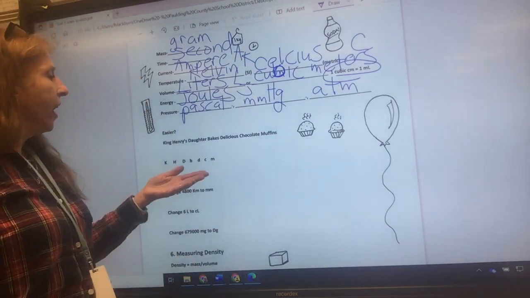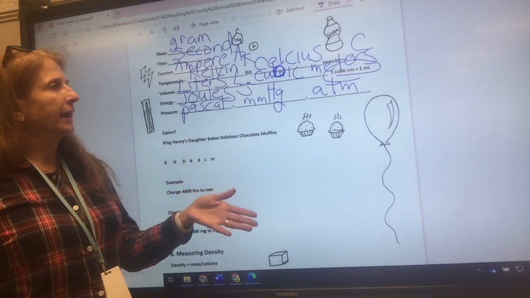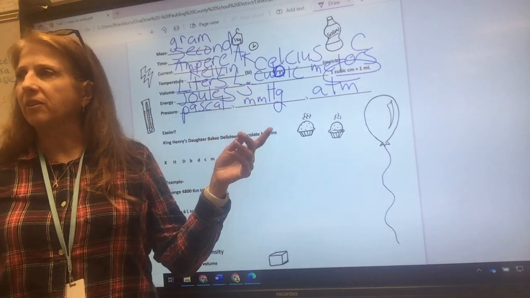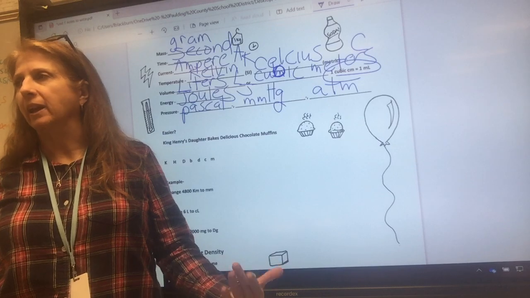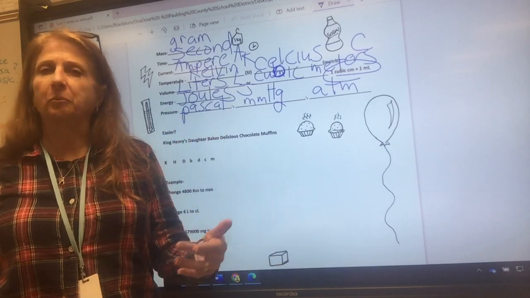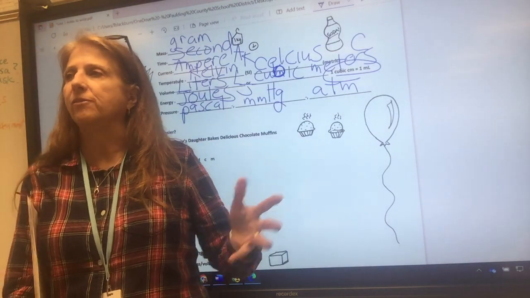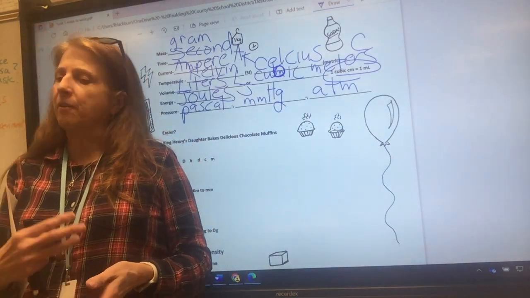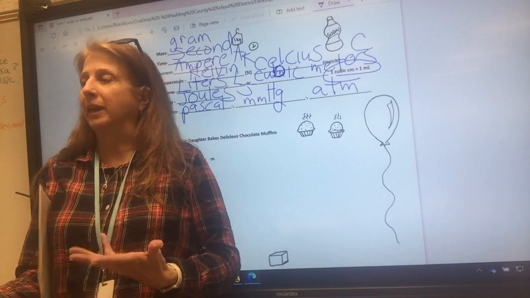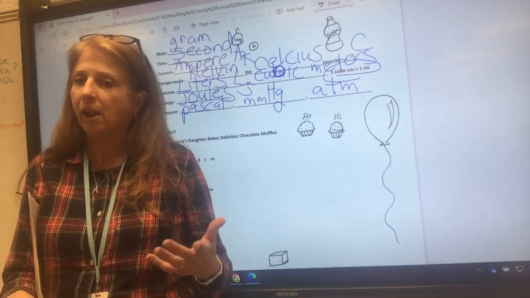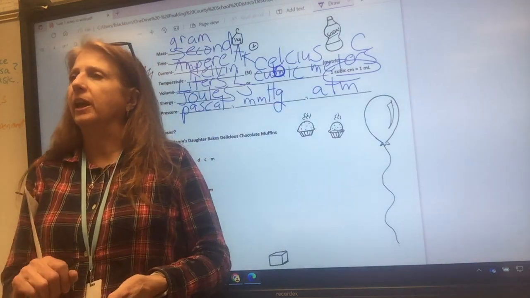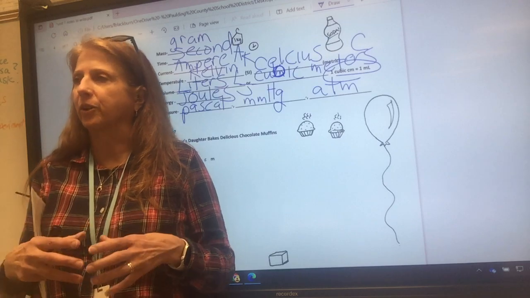Okay, next. The reason why I like the metric system is it's easier to convert between. I like the English system because I think it's more convenient. If you ever watch the Great British Bake Off, they do the metric system in England, we do the English system here. But our teaspoons and cups and things are much more convenient for cooking.